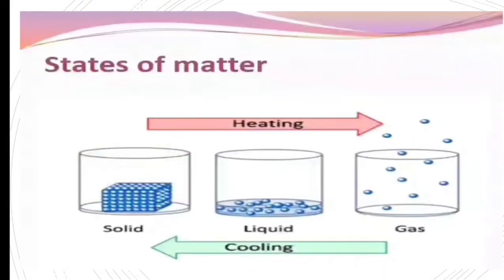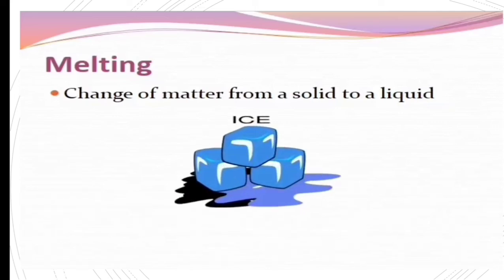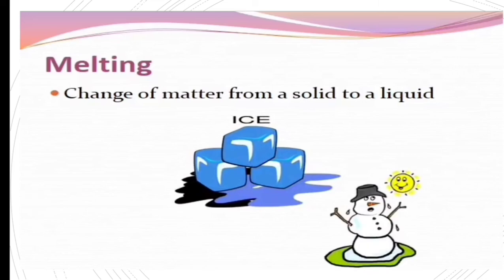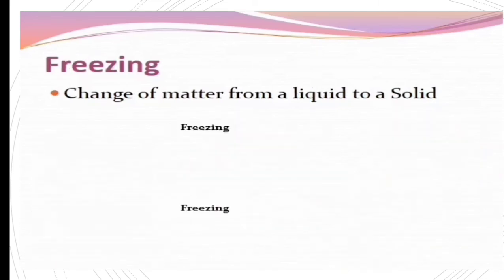Let's see it. The first process is melting. Here, matter changes from solid to liquid. For example, melting of ice, melting of snow, melting of ice cream, or melting of wax.